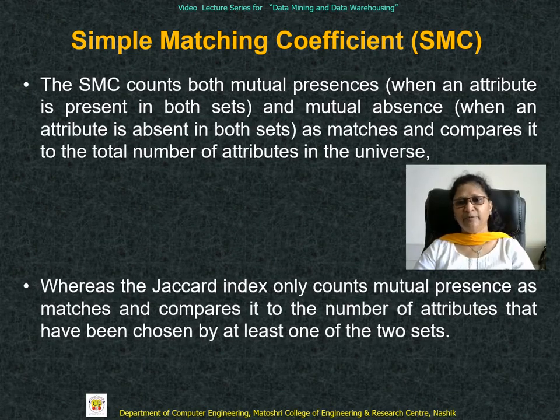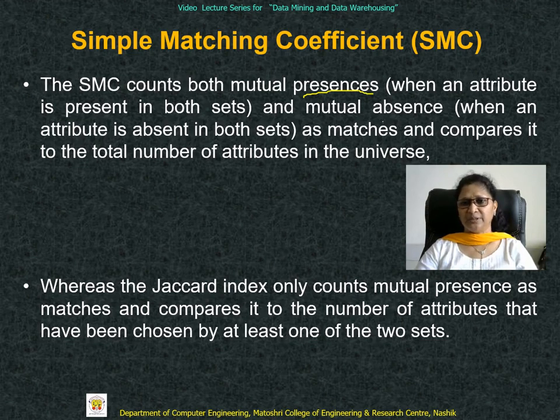Let us understand a few more things about SMC. You must have noted that in SMC it counts both mutual presences, that is attributes having values 1 1, as well as the count of attributes with the values 0 0, that is both mutual presence as well as mutual absence, and it compares it with the total number of attributes.